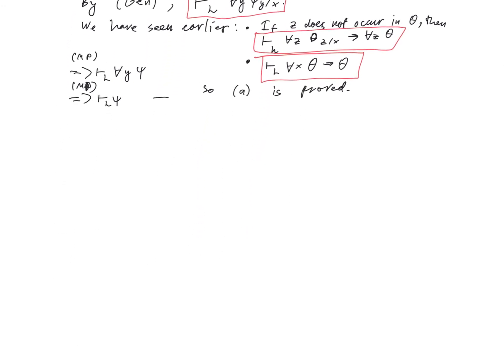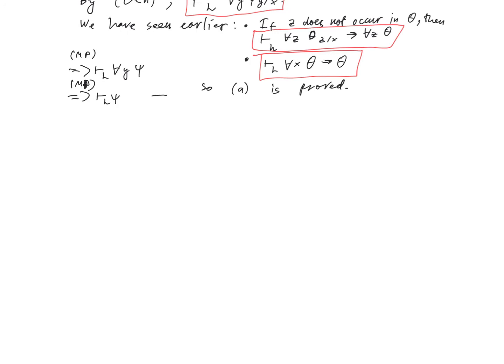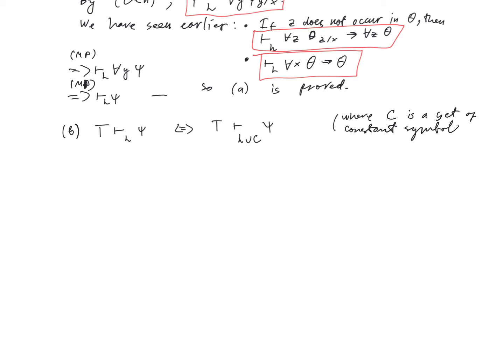Now we'll see that item B of the lemma is a direct consequence of item A. B says that T proves psi in the language L if and only if T proves psi in the language L union C, where C is an arbitrary set of constant symbols not contained in the language L already.